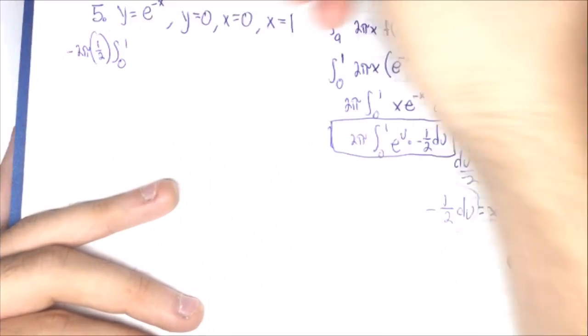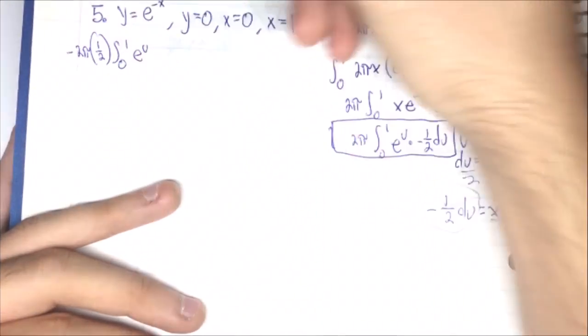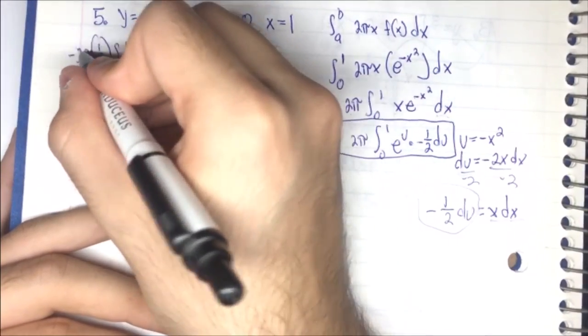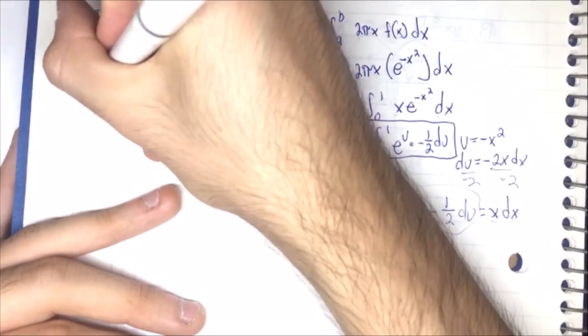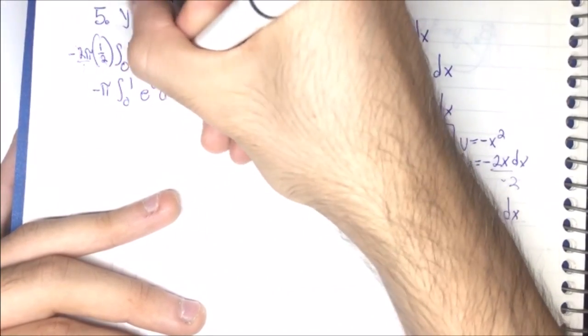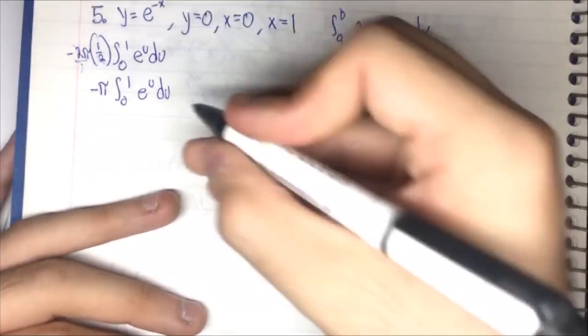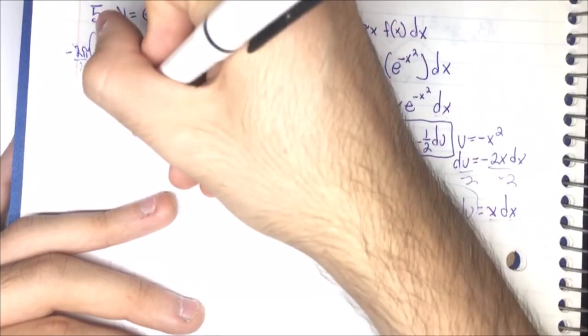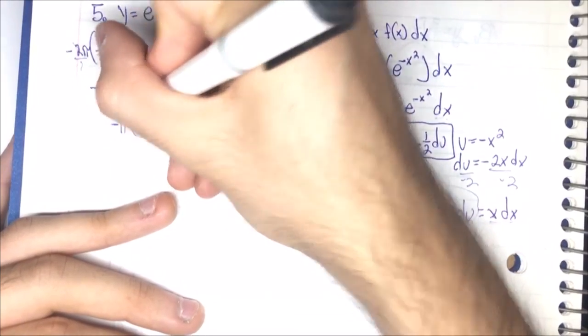Still going from 0 to 1, and then e to the u du. So these 2's cancel out, so what we have left is just negative pi out here. 0 to 1, e to the u du, and then we have to find the antiderivative of e to the u, which is just e to the u. It's being multiplied by negative pi.